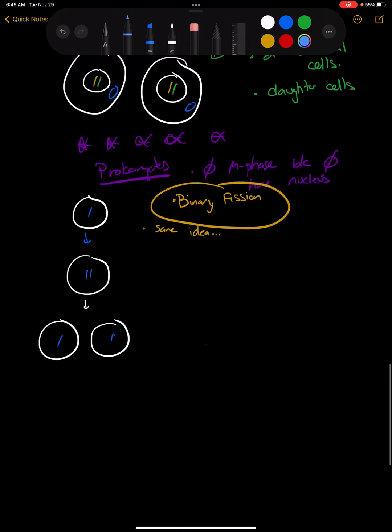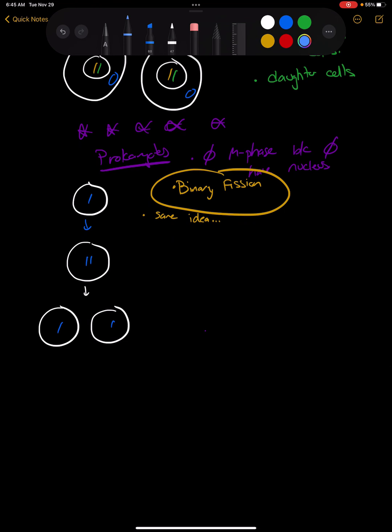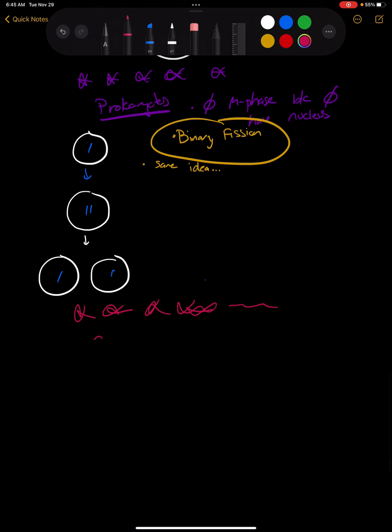Now, one other little thing, kind of taking one more turn. So let's do some stars. Star, star, star, star, star. Let's talk about cancer for a second. Because this, the cell cycle, cancer is a failure in the cell cycle. We won't get into all the genes and stuff, but cancer by definition is uncontrolled cell growth.